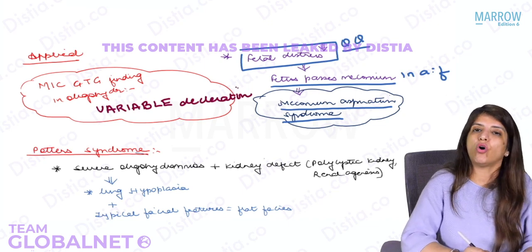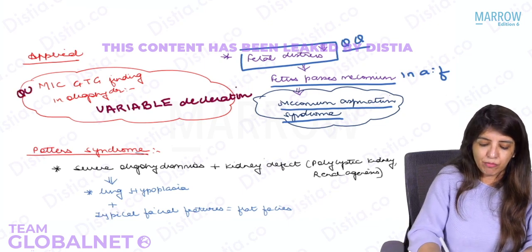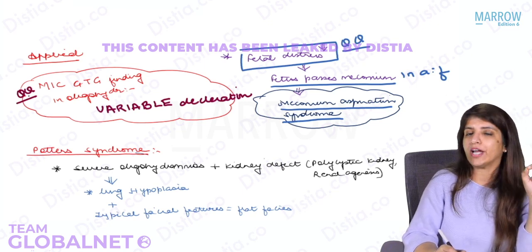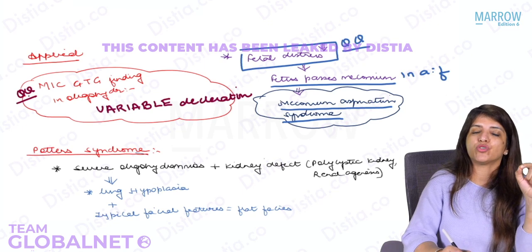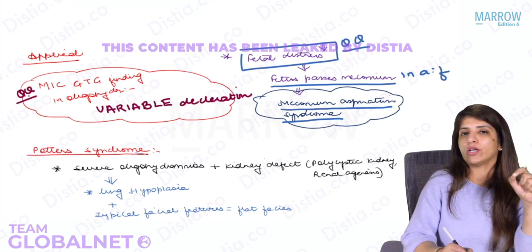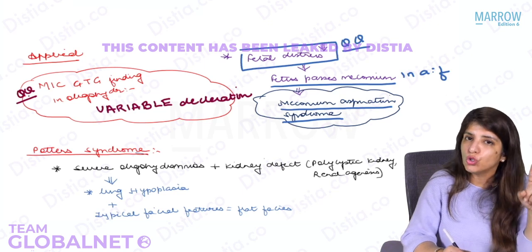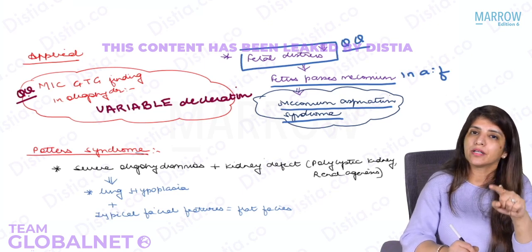Variable deceleration on CTG. Again, that's a very important finding question. So if they ask you what is the most common CTG finding which you get in patients of oligohydramnios, you are going to get variable deceleration due to cord of the baby getting compressed due to less space, right?